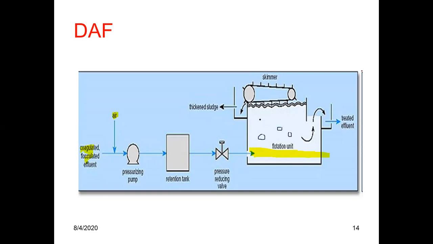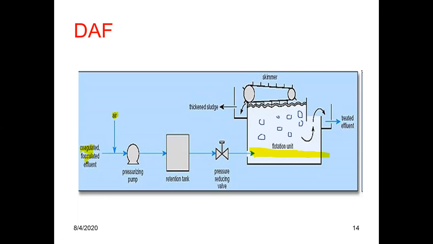When air bubbles are formed, the volume increases and then density decreases. Because of that, these air bubbles go up with the oil and fat particles. The air bubbles carry the oil and the fat.